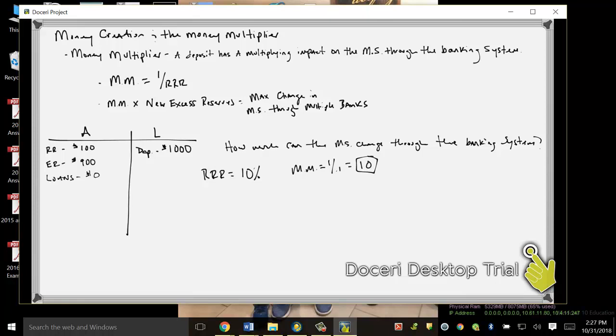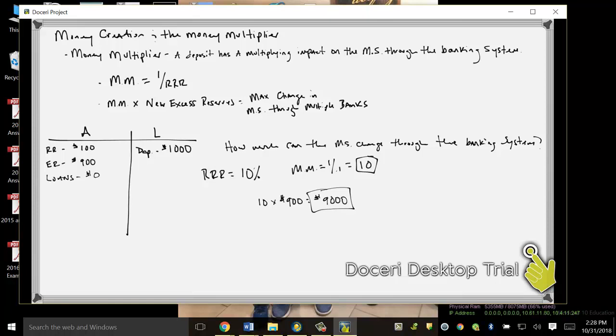Now I'm going to take that multiplier of 10, and I'm going to times that by the excess reserves that were created by this deposit, which was $900. So 10 times 900 gives us an answer of $9,000. So $9,000 is how much the money supply can change through the banking system.